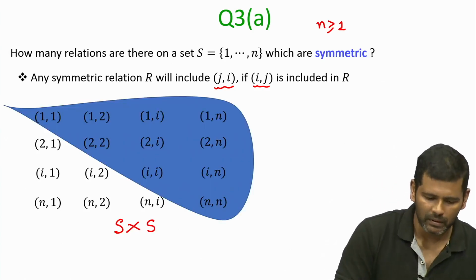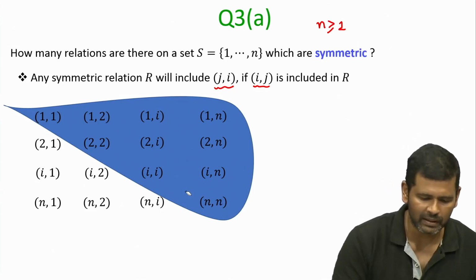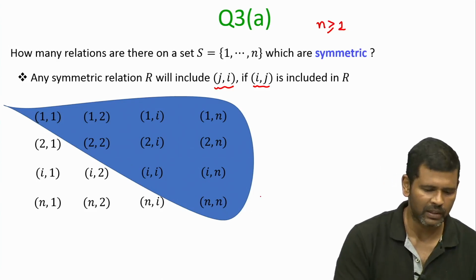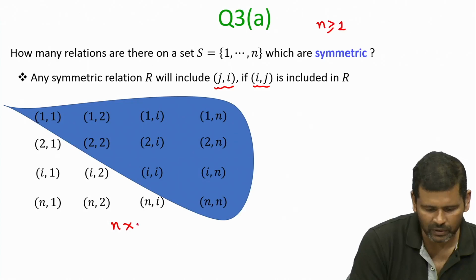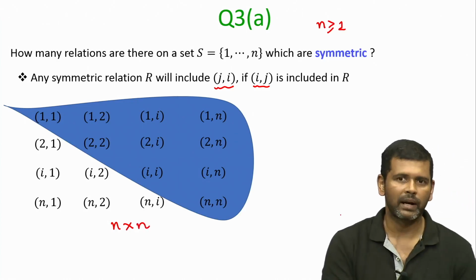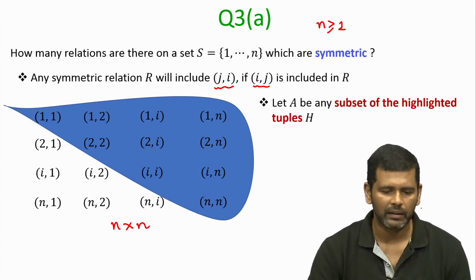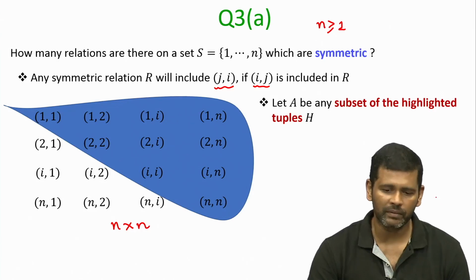Now, among these n squared ordered pairs, I have highlighted some selected ordered pairs. You can imagine this as an n cross n matrix, and I am focusing only on the upper triangular portion of this matrix, and let A be any subset of the highlighted ordered pairs.